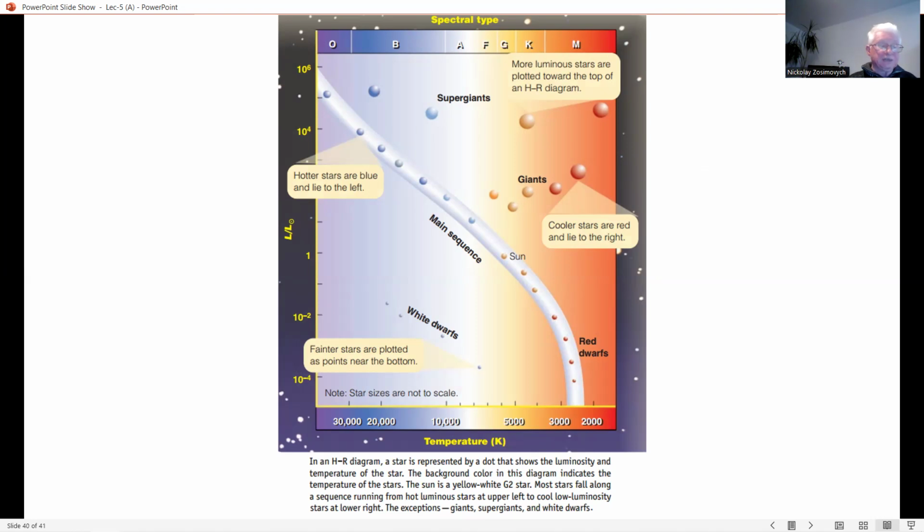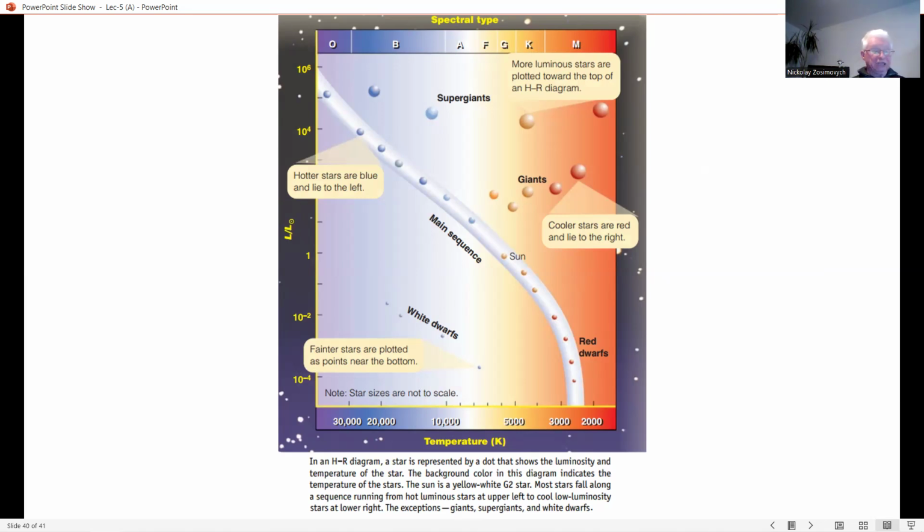Also, points near the right edge of the diagram represent very cool stars, and points near the left edge of the diagram represent very hot stars. Notice in the HR diagram in this figure how the artist has used color to represent temperature. In a photograph, the red stars are cool and blue stars are hot.